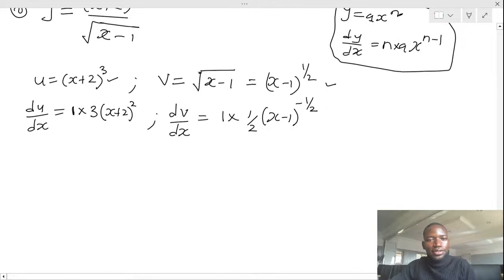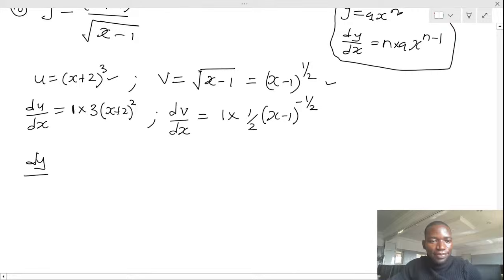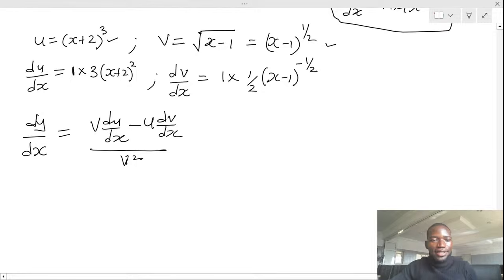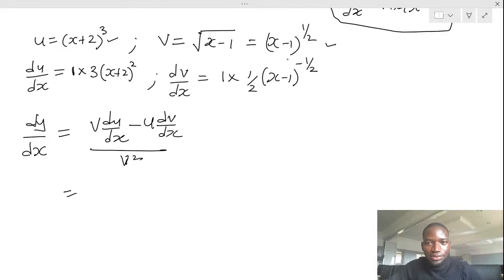The formula is dy by dx equal to v du by dx minus u dv by dx, everything divided by v squared. So let us identify our v. Our v is x minus 1 all raised to the power half, multiplied by, what's our du by dx?